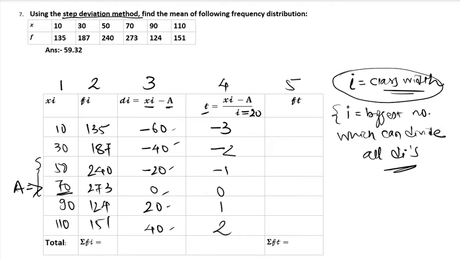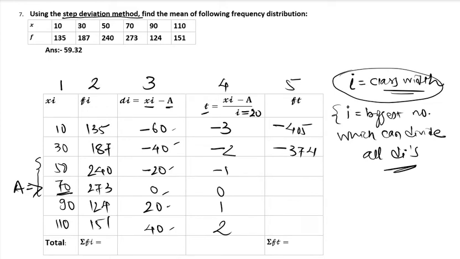Now you have to multiply all the frequencies with your t, right? So first is 135 into minus 3, which is minus 405. Then it is 187 into minus 2, which is minus 374.